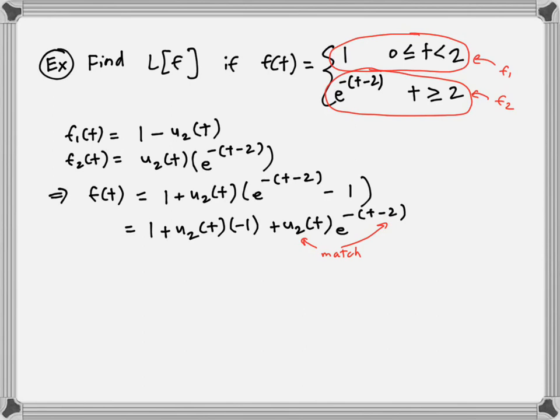So how am I going to fix it? Well, instead of writing a negative 1, I need to write it as something minus 2. So what would it be? It would be 1 minus 2. So can't I write it like this?